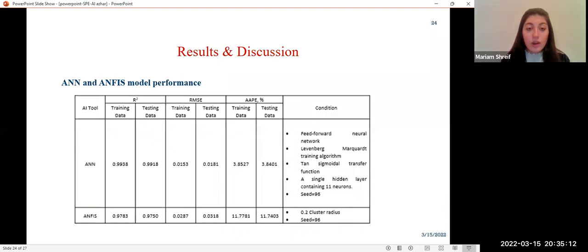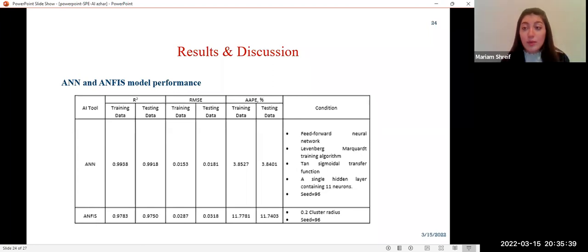So if we are comparing the results of the ANN and the ANFIS, the root mean squared error for the ANN training data was 0.0153, lower than that of the ANFIS training data, which was 0.0287.